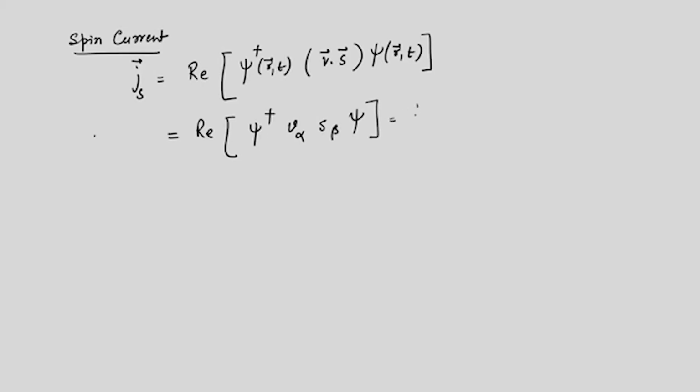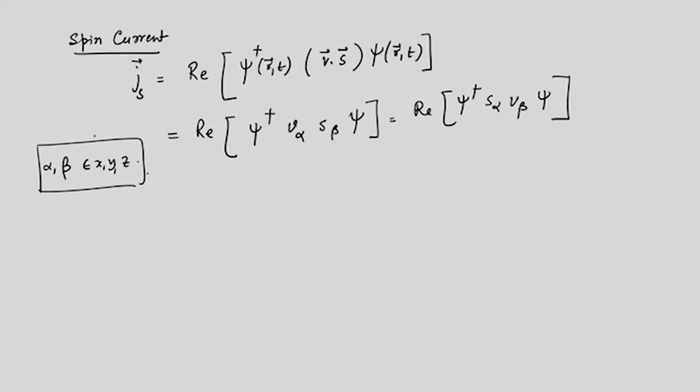This is equal to the real part of psi dagger S alpha V beta psi. So, you can write it as V alpha S beta, which is the same as S alpha component. Alpha and beta are the components x, y and z. These are just components and so on.